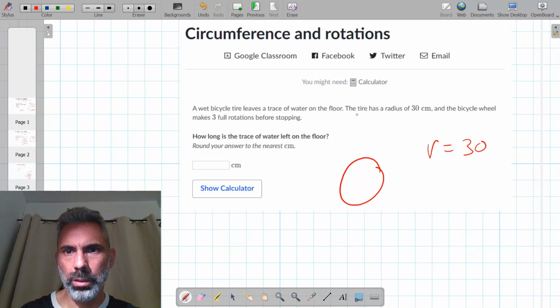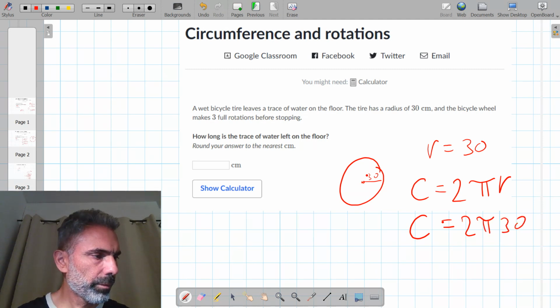So the radius is 30. So the 1 rotation will leave a trace of the length of the circumference, which is 2 pi r. So the circumference is 2 pi times the radius, which is 30.